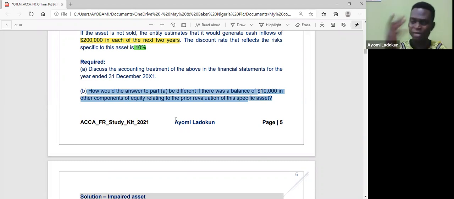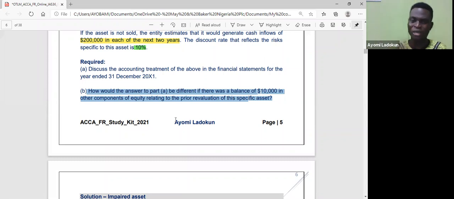So when I revalue, I have 10,000 and I take it to other comprehensive income. It forms a revaluation reserve within my other component of equity. So this year, this asset has now suffered impairment.